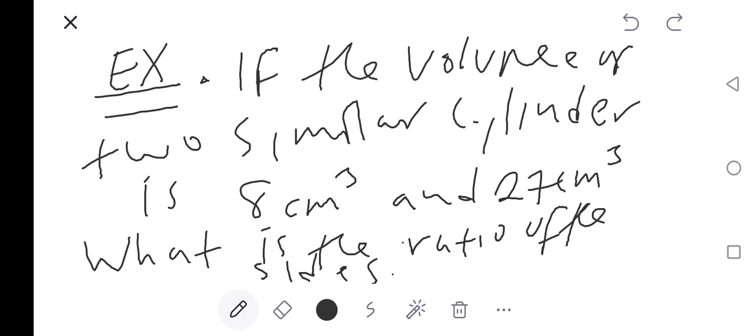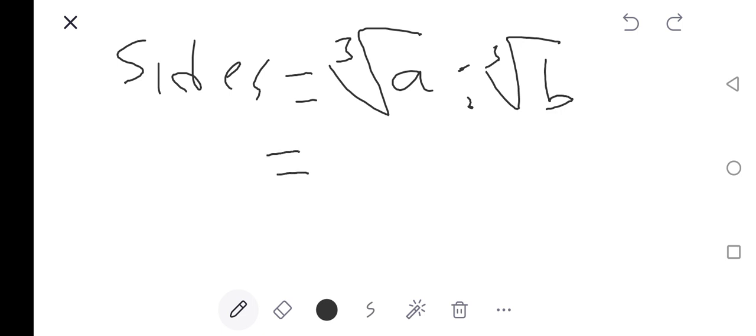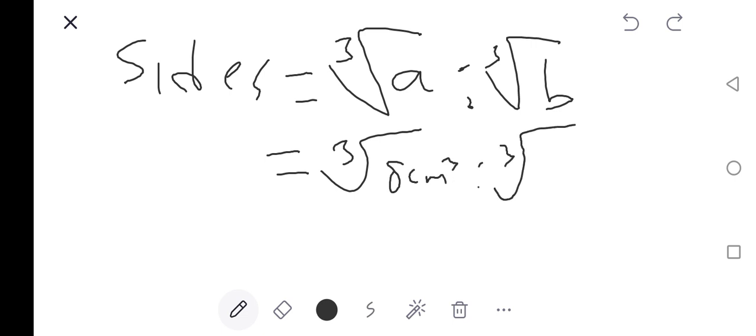So we are looking for the ratio of their sides. If you are given volume, the sides are cube roots. You cube root the numbers that you are given. You've been given 8 centimeters cubed and 27 centimeters cubed.